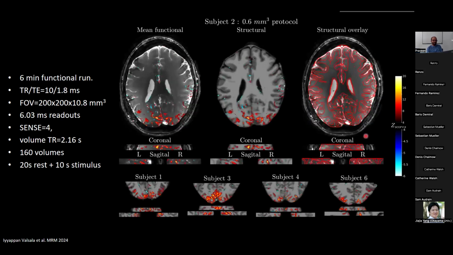And the same for 0.6 millimeter. Even at this resolution, we couldn't see too much of the striping you are interested to see, but we can image at this high resolution with a relatively short volume TR, and getting reasonable activations was already quite a pain.